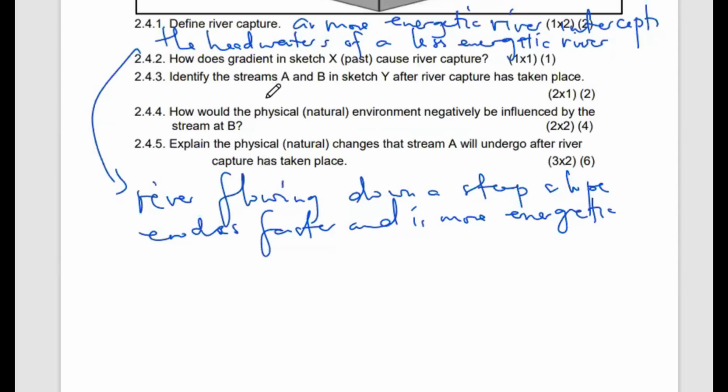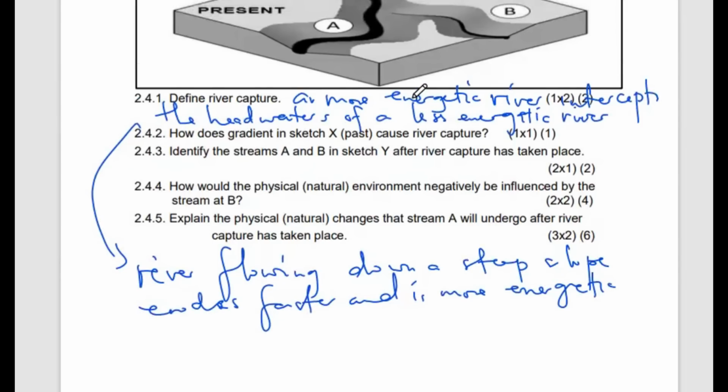Right, then the next question says, identify the streams A and B in the sketch after river capture has taken place. Right, these two streams after the river capture has happened, we have what we call the captor and the captured stream.